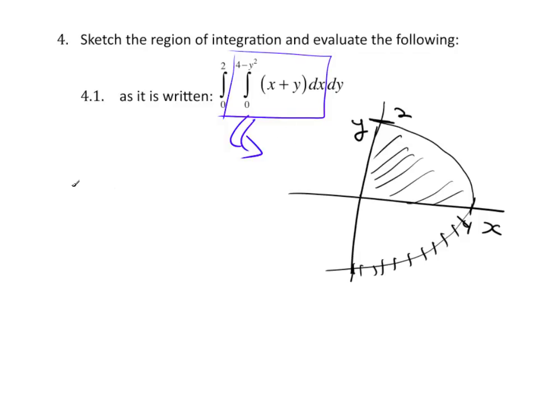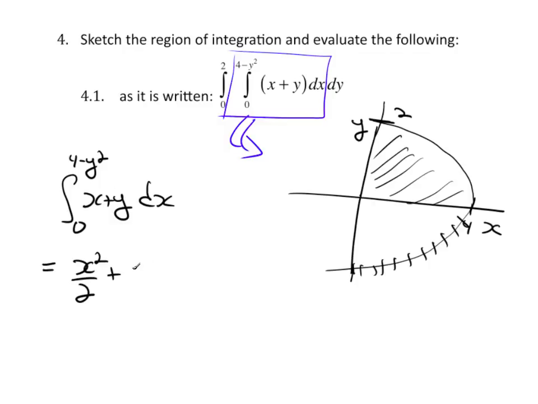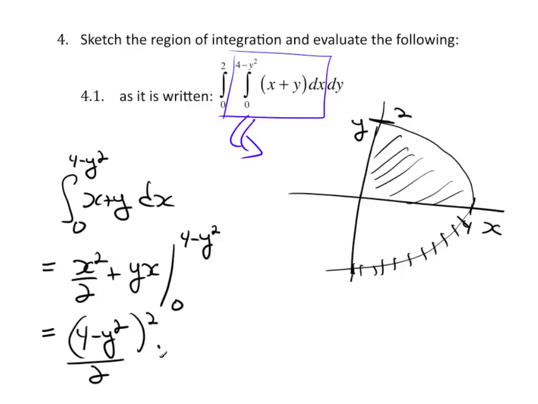And that's going to be, I better do it over here, the integral from 0 to 4 minus y squared of x plus y dx, which is going to give me x squared over 2 plus y times x, evaluated from 0 to 4 minus y squared, which is going to be 4 minus y squared, squared, over 2 plus y times 4 minus y squared. And then the 0 is going to be 0.